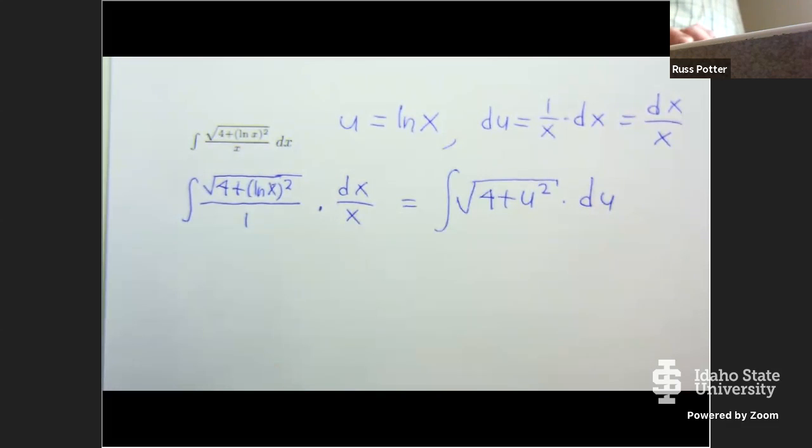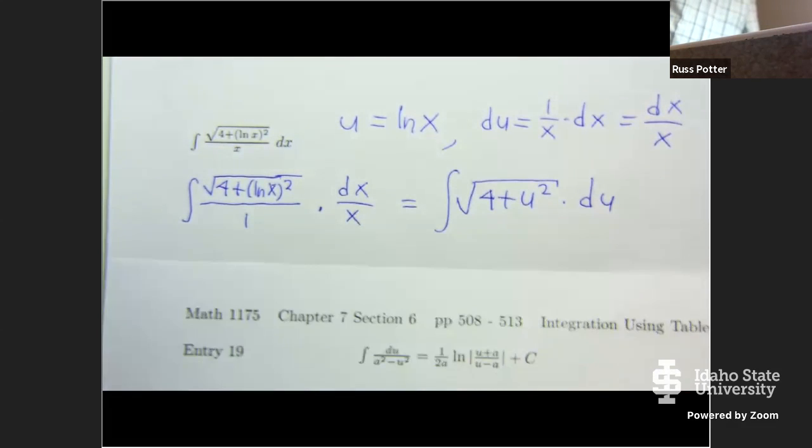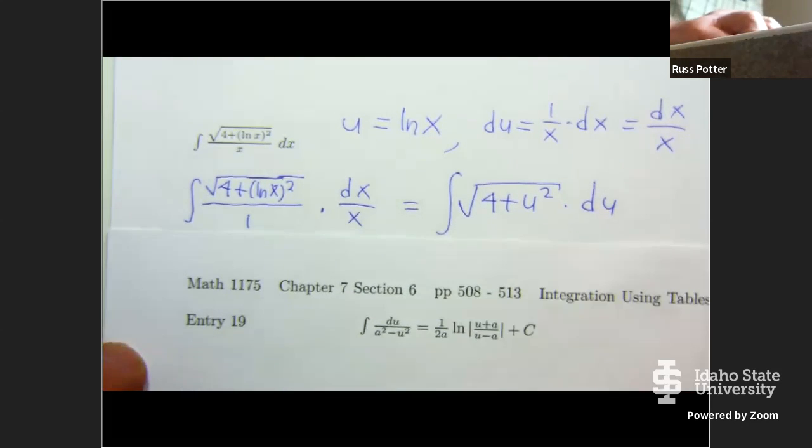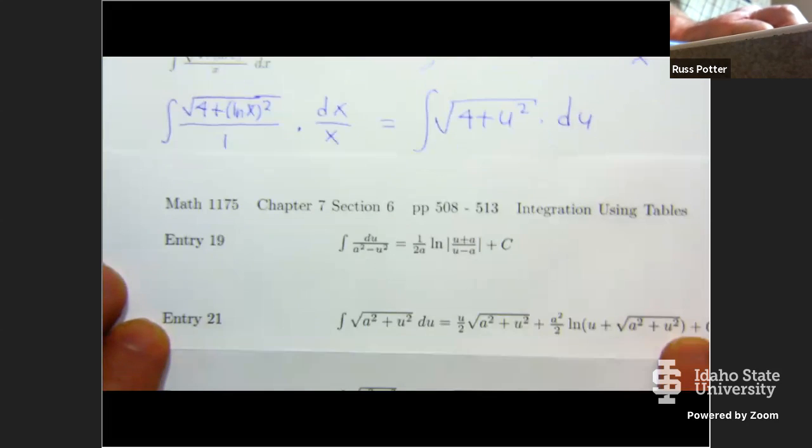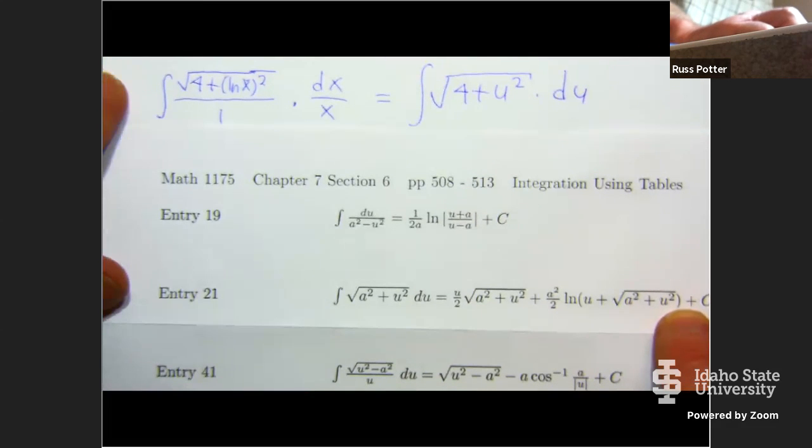We could try that later if you want, but for now, let's just look for a formula in the table of integrals. Let's see. I'll slide this up a bit, if that helps.